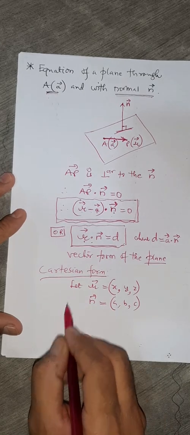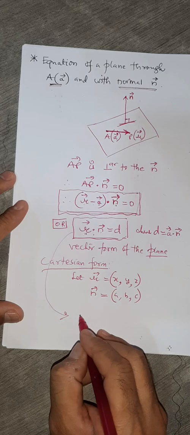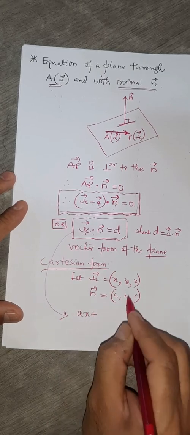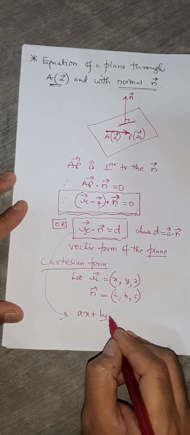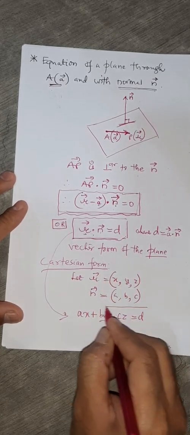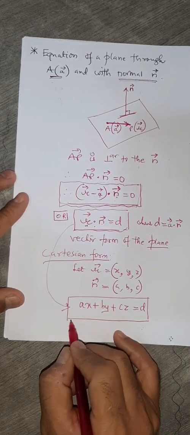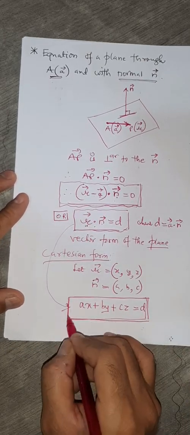So using this, you'll get ax plus by plus cz equals d, or you can write plus d equals 0. That's not important because d is a scalar. So this is the Cartesian form of the plane, right?